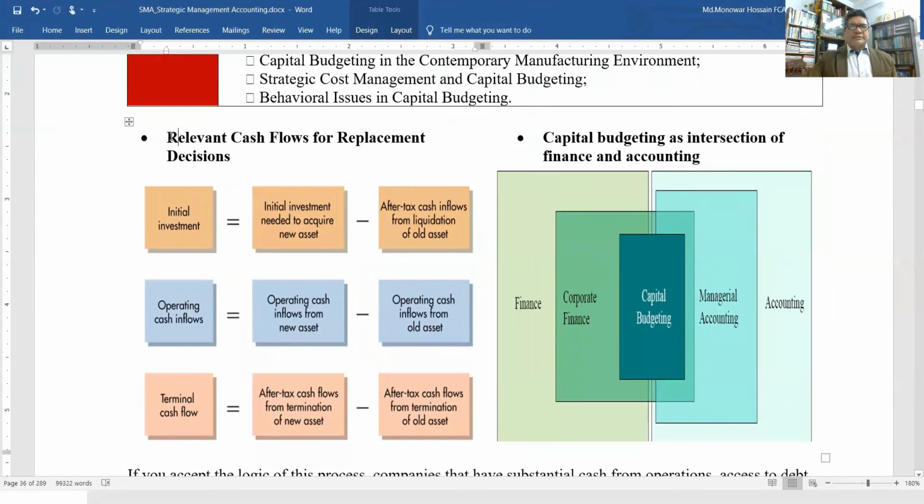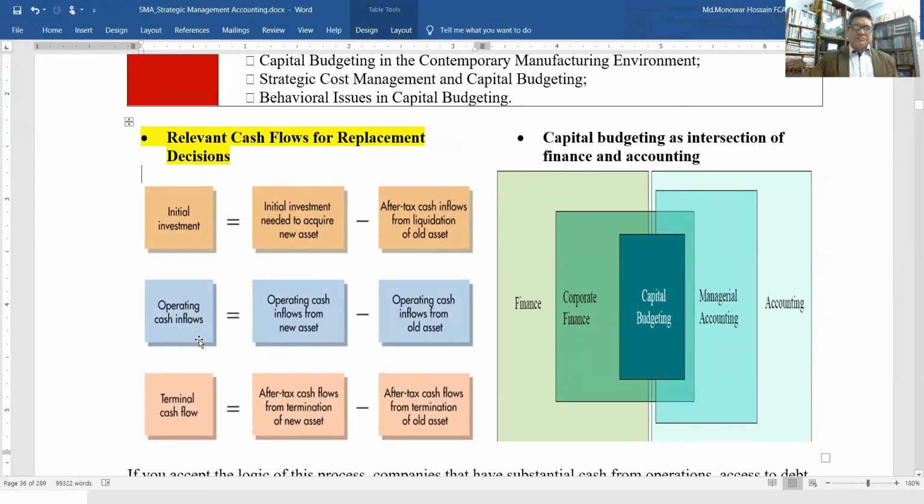Before that, here are a few points. Relevant cash flow for replacement decision. So how can we calculate? We can calculate initial investment. This means the initial investment needed to acquire the new asset minus after-tax cash inflows from liquidation of the old asset.